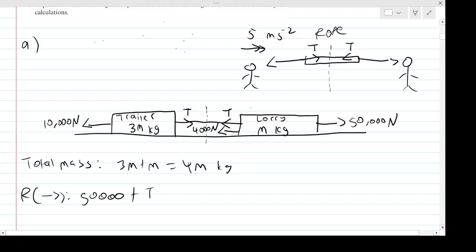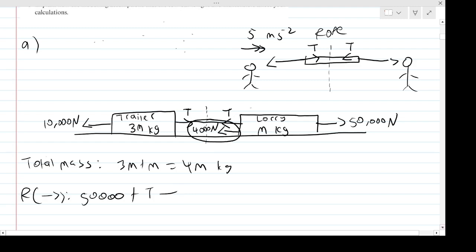So what we're doing is finding all the forces to the right of both the trailer and the lorry. Then we're going to take away all the left forces, in the opposite direction. For the lorry, we've got the tension on the other end of the rope pulling it to the left, so I'm going to take away T, and then take away 4,000, which is this resistance here.